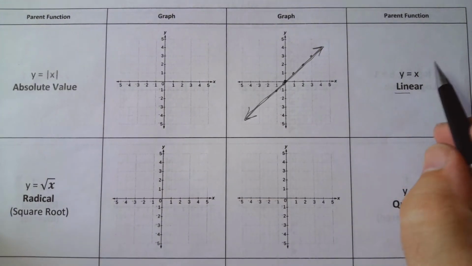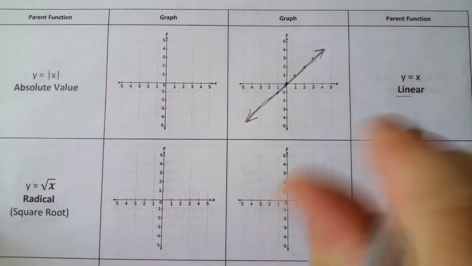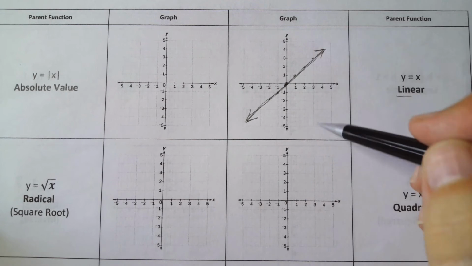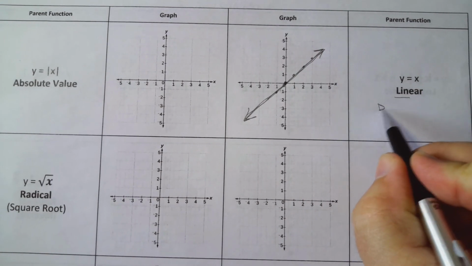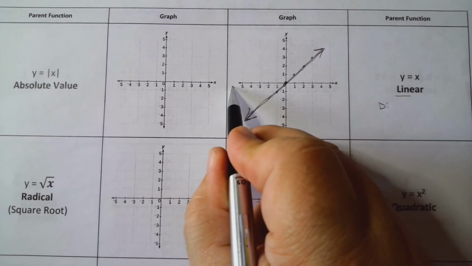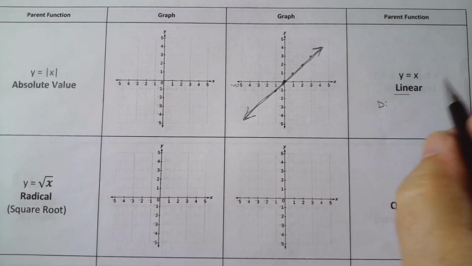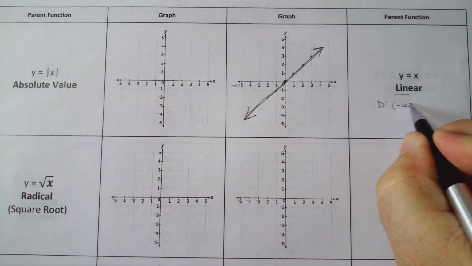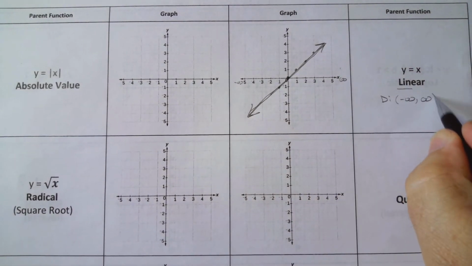So now what happens here is this line can go up or down or change directions. It can be a negative slope or a positive slope. The domain of this function, looking at the negative x, the graph keeps on going forever and ever. So it goes from negative infinity all the way to positive infinity. It keeps on going.